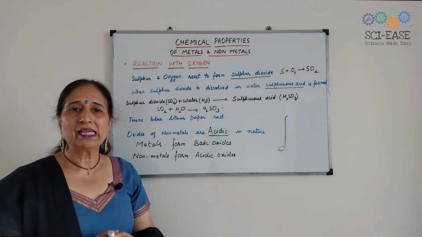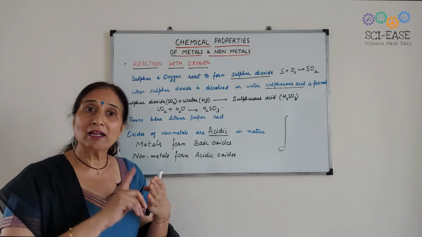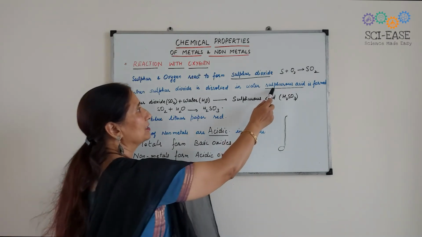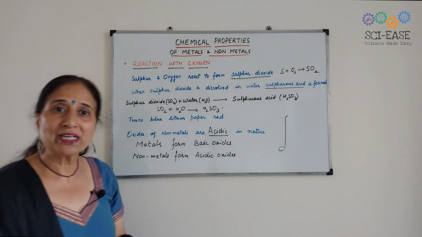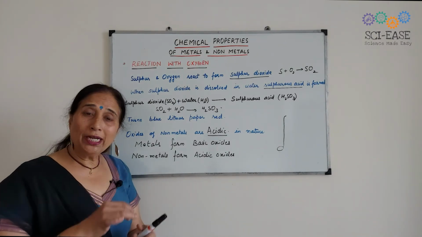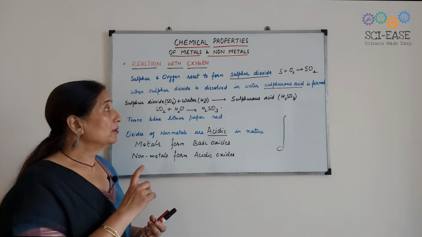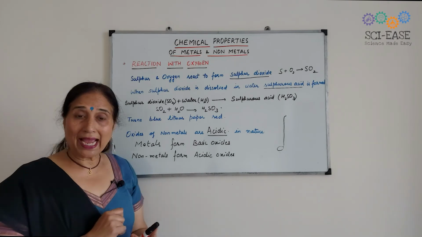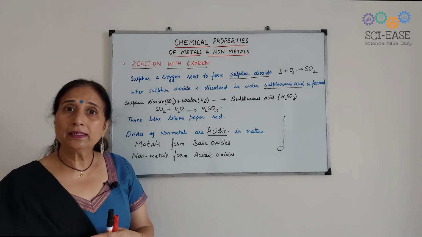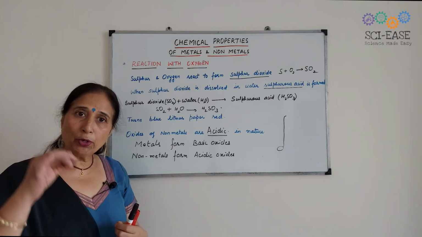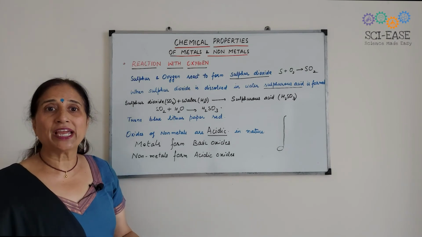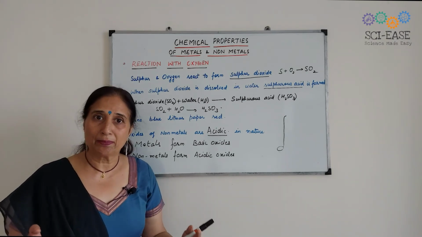What you will see is that when sulfur dioxide reacts with water, it results in the formation of sulfurous acid. So when we put blue litmus paper in the gas jar, you will observe that it turns red. And when we put red litmus paper to it, there will be no change in the color of the red litmus paper.